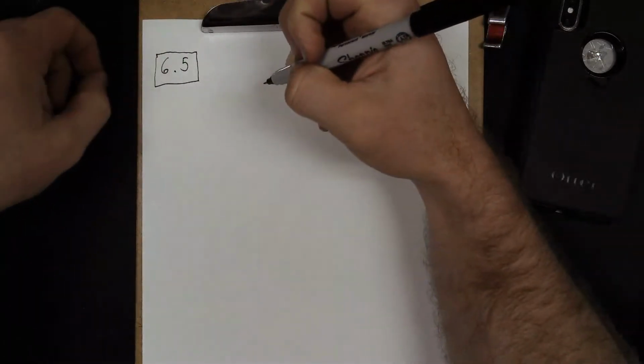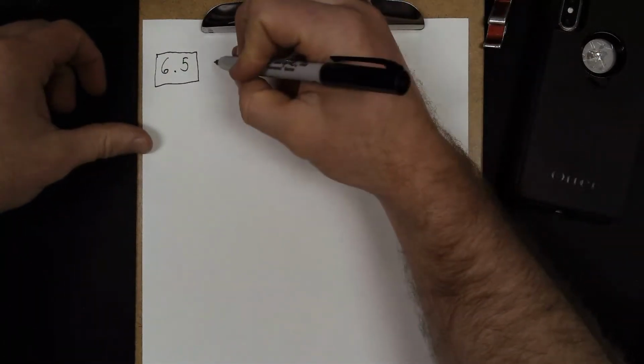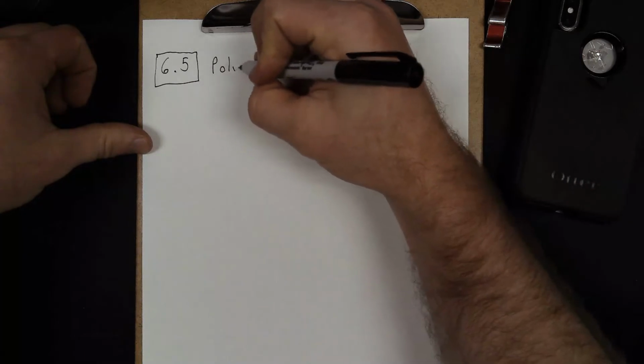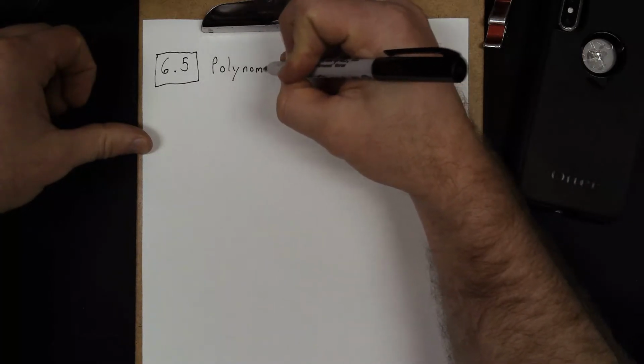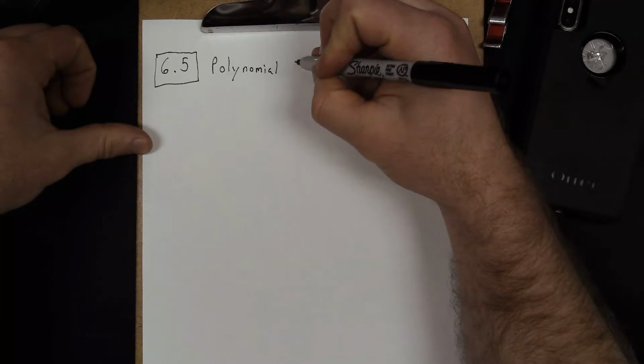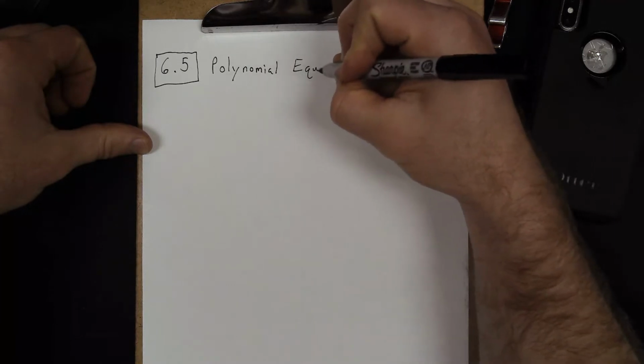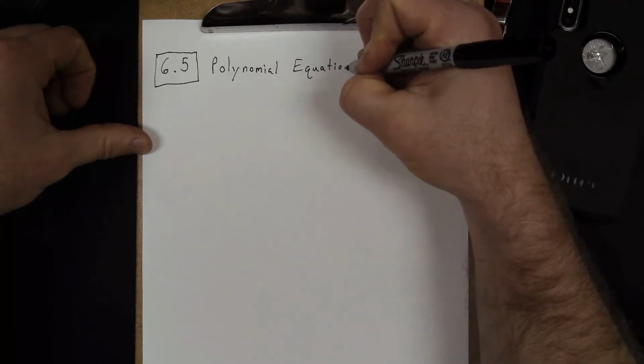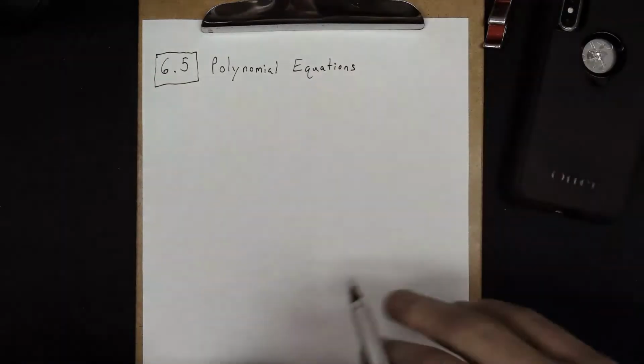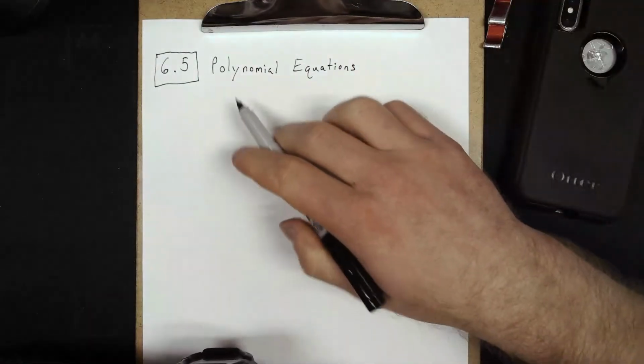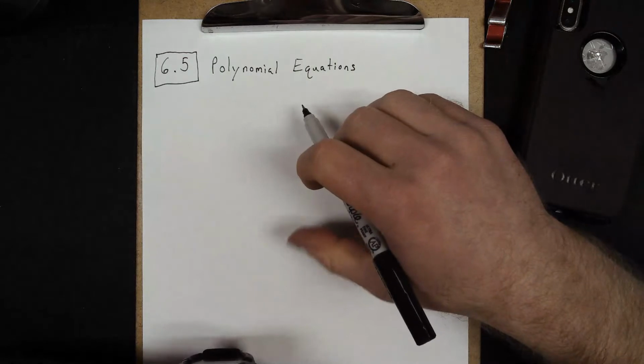So we're going to be going over section 6.5, which is polynomial equations. You might be like, well, I already know what that is.